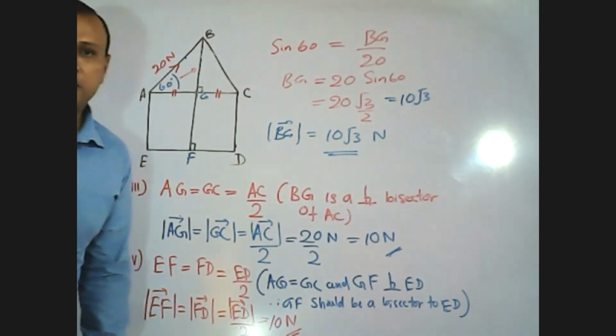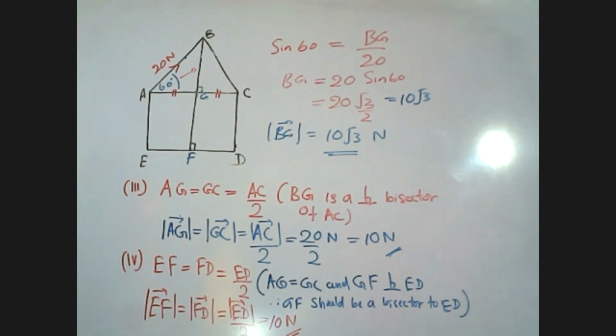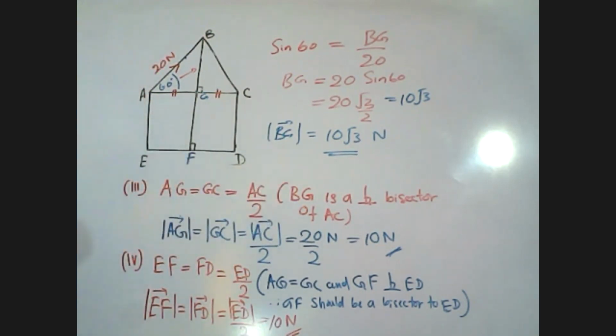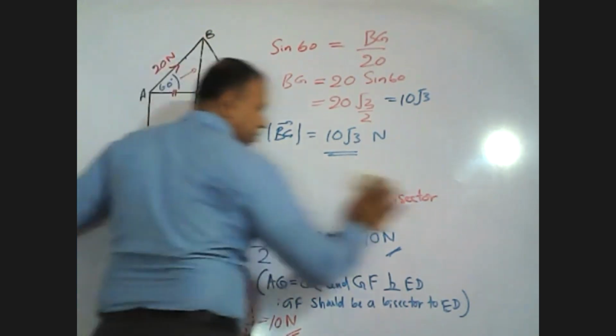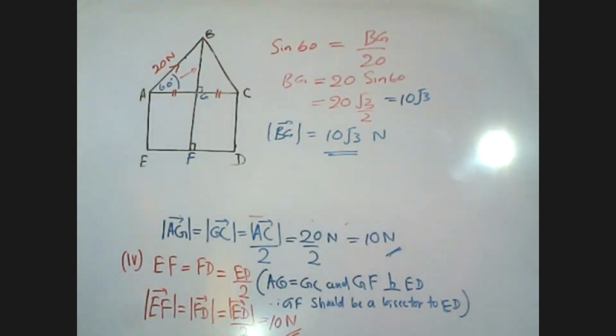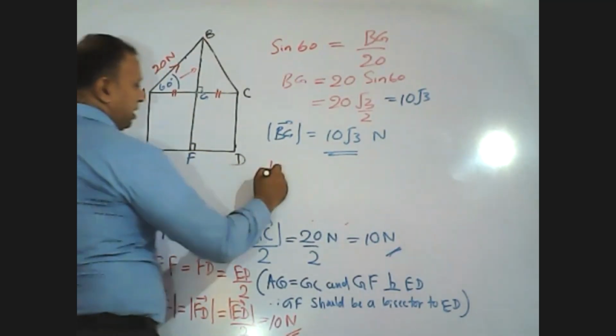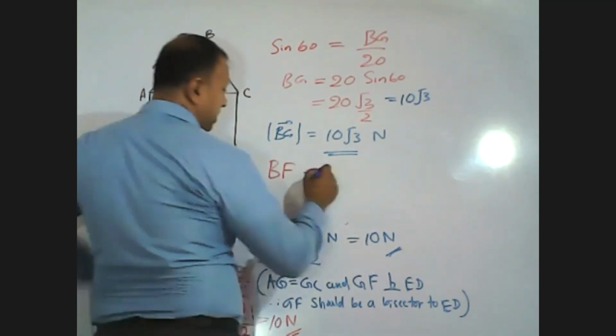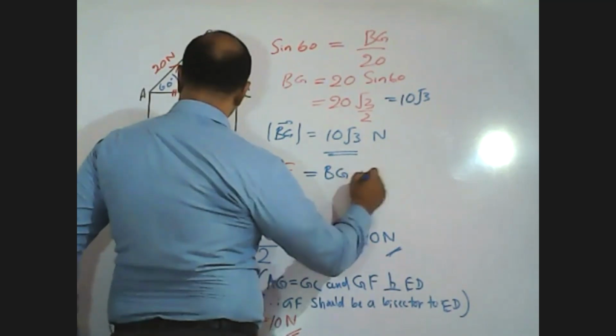BF. What is the value of BF? BF means BG plus GF. Now you know the value of BG. BF is equal to BG plus GF.